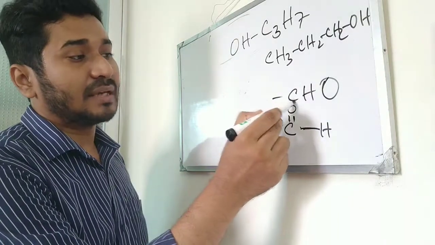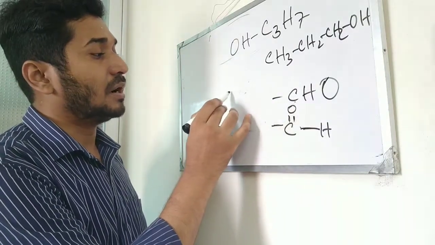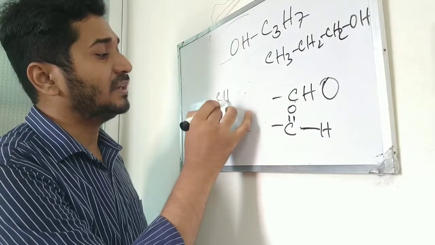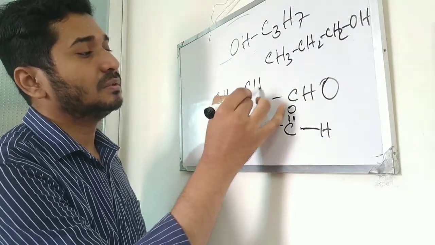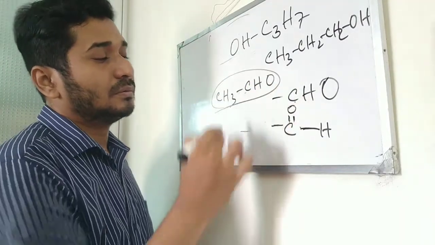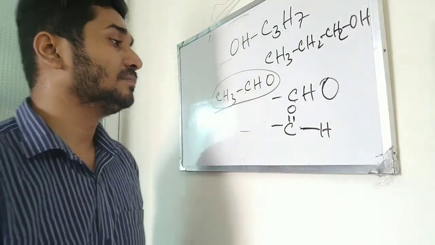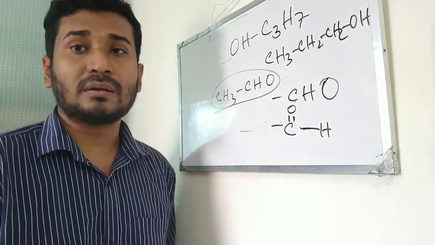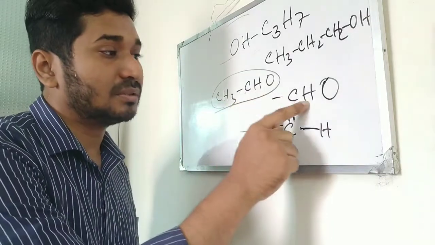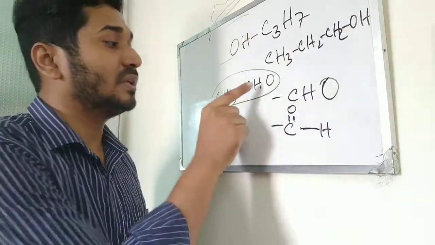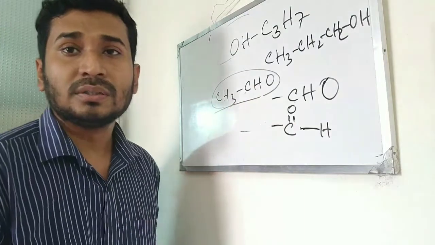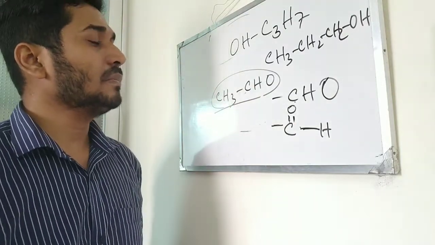And if you take aldehyde with methyl, there are 2 carbons, that's why it's called ethanal or acetaldehyde.